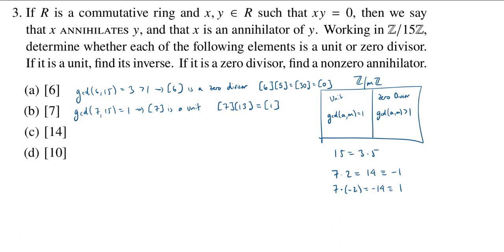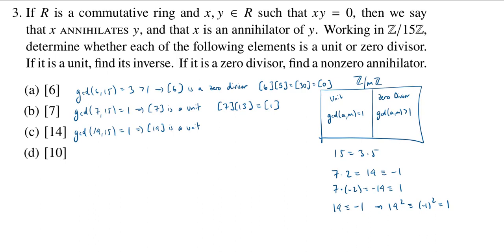How about 14? The GCD of 14 and 15 is also 1, which tells us that the class of 14 is a unit. We know 14 is congruent to negative 1, as we just saw up here. So if I square it, I'm going to get 1. 14 squared is congruent to negative 1 squared, which is equal to 1.